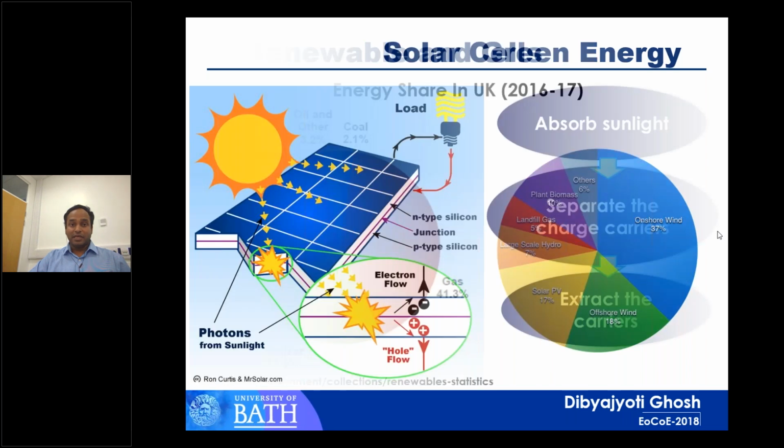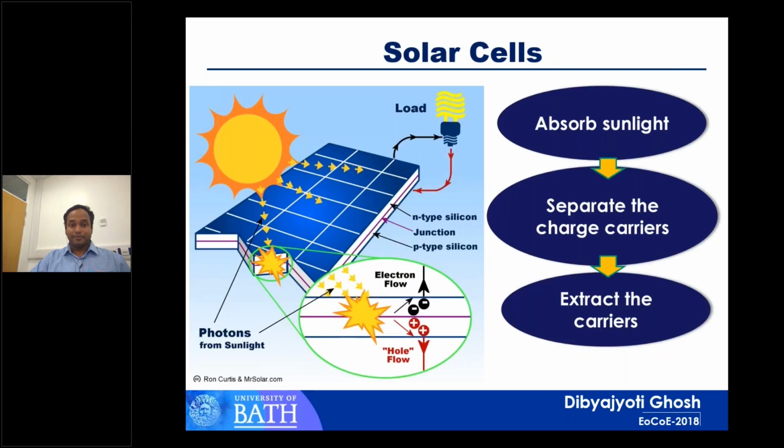If you look at solar cells, it's basically a 3-step process. Typically you have a solar cell with a p-n junction type, and when the sun shines, the photon gets absorbed in this material. So the photon excites the electron because of absorption of sunlight, that is the first step.